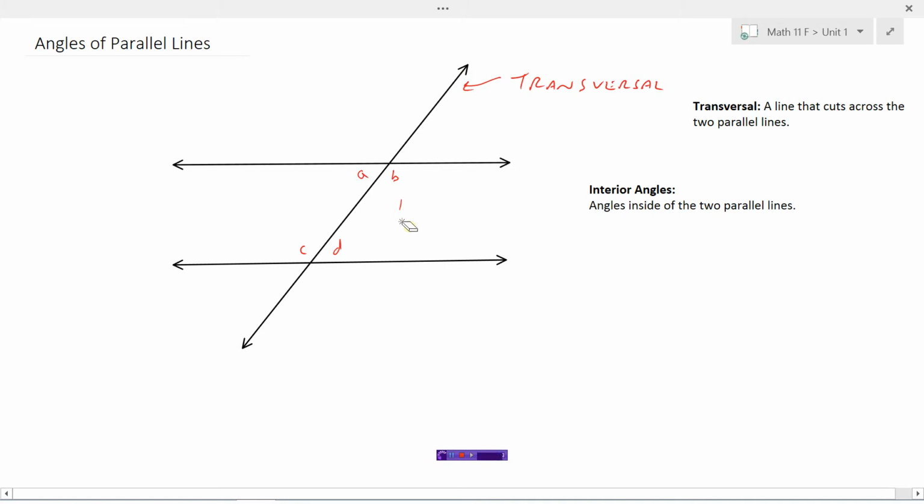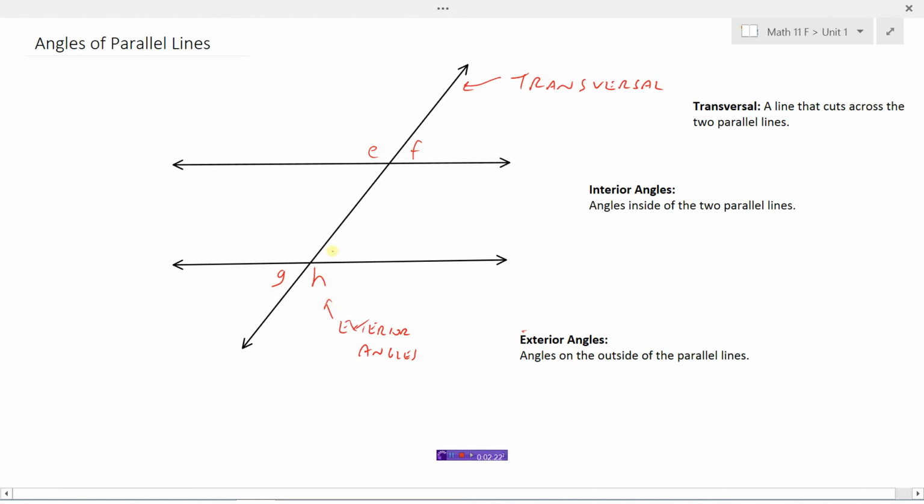So then we could look at some other angles out here. Let's say E, F, G, and H, and we would call these exterior angles, because exterior angles are angles on the outside of the parallel lines.